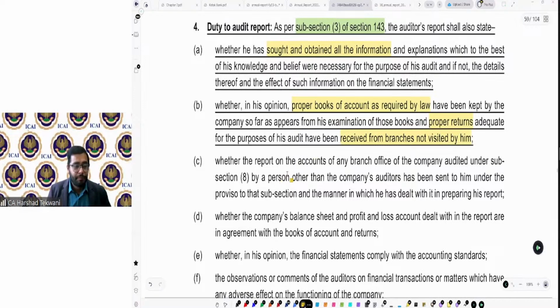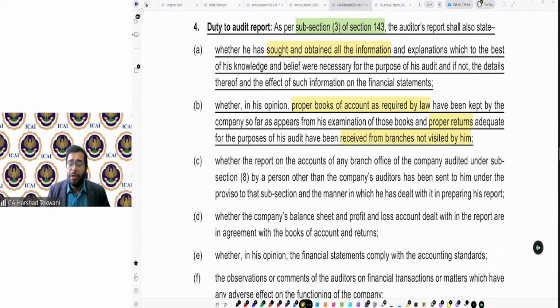Then third, whether the report on the accounts of any branch office of the company audited under subsection 8. Okay. Now subsection 8 of the Companies Act, 143.8, talks about where a company has a branch office, the accounts of that office are also required to be audited by either the auditor appointed by the company, that's the statutory auditor, or any other person qualified to be an auditor of the company under this Act.